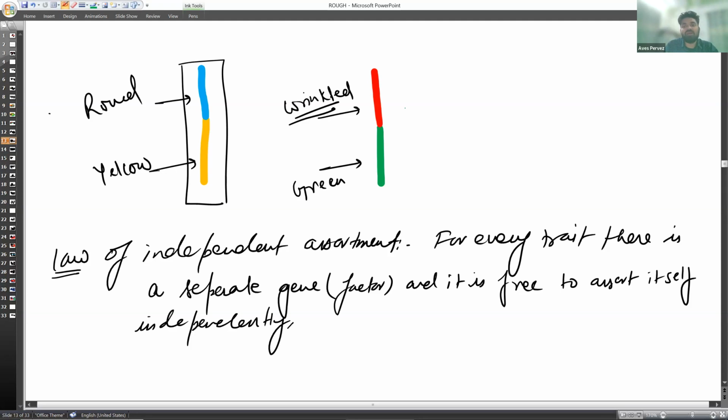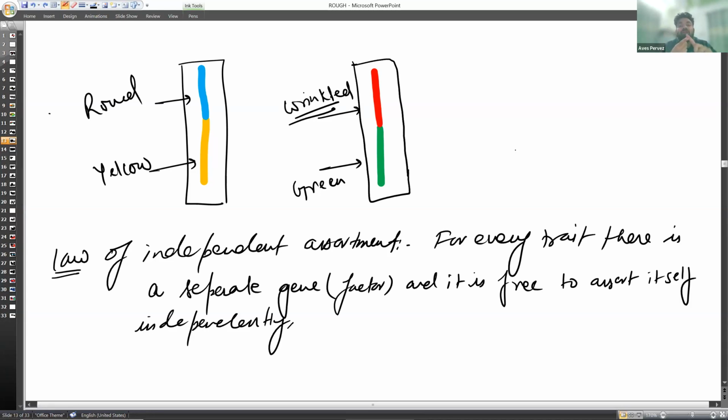Just keep in mind, this is very important. What is the conclusion of Mendel's dihybrid cross? The conclusion is that there is a separate gene for each trait, because we are obtaining two new recombinant characters that were not taken.